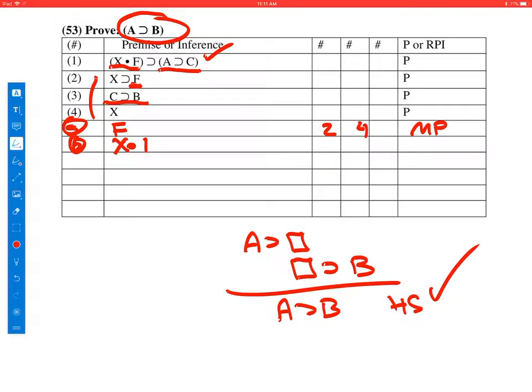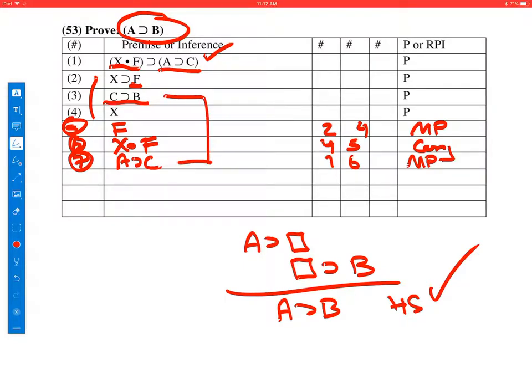So we need to put the X and the F together, X and F from 4 and 5 conjunction. Now what were we going to do with that X and F? We were going to get the A then C. A then C from 1 and 6 modus ponens.